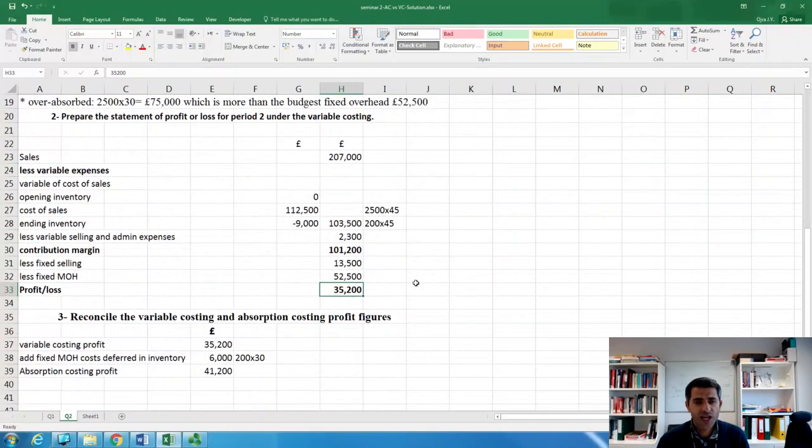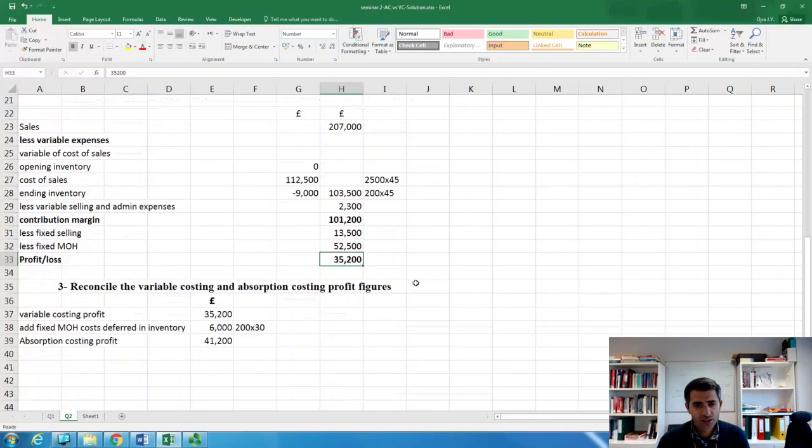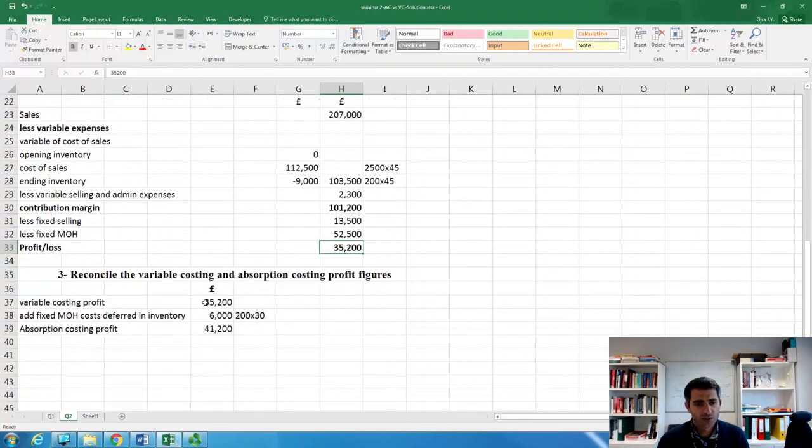So the last step, you need to do the reconciliation, and it's very simple. The way you do it, if you remember, you need to start with the variable cost profit, which is 35,200, and you need to add the fixed manufacturing overhead cost deferred in inventory.